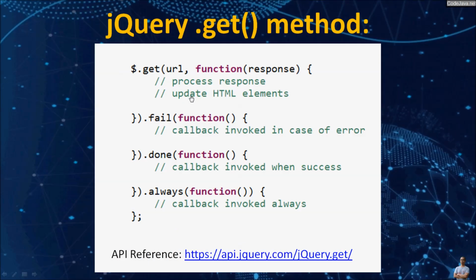And this is a jQuery GET method that allows programmers to make an AJAX call for the HTTP GET method. It takes some parameters: URL, and this is a callback function that is executed when receiving response from server, and we usually update the HTML DOM here. And we also can implement the callback functions fail, done, and always here. For reference, you can look at this URL for more about the jQuery GET method.